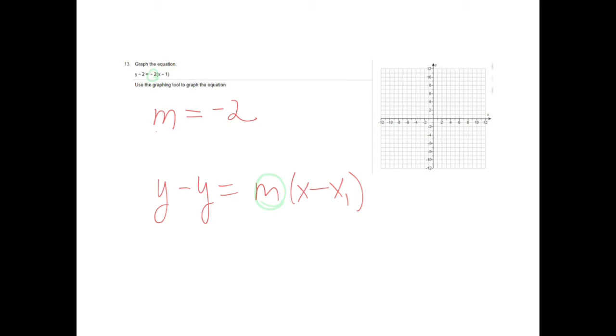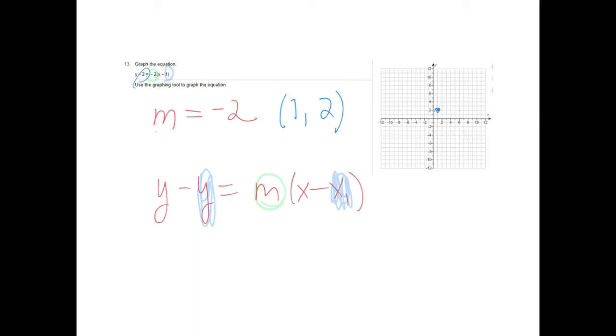And then my point is my x1 and my y1 right here. And so this is going to be the point 1, 2. So I'm going to go to the point 1, 2 right here.